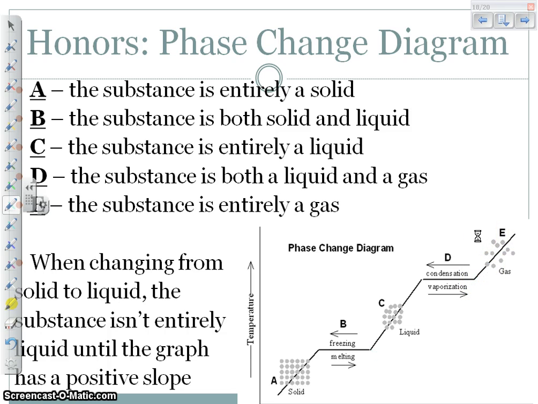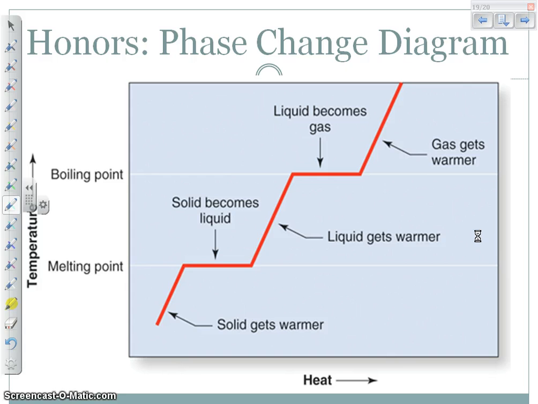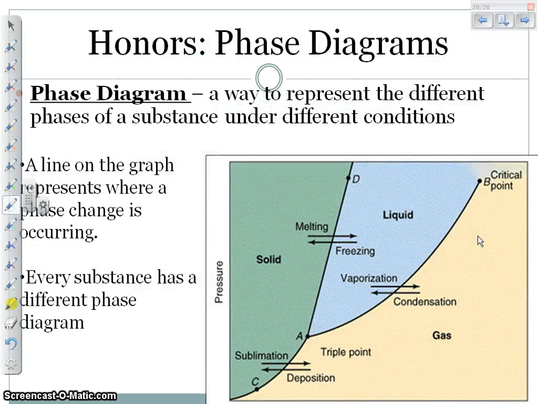Okay. A second thing that we can go through and see is that there will obviously be slight differences for every single substance. And just like the phase change diagrams, we can look at phase diagrams, which is basically a way to represent different phases under different conditions like pressure or temperature. And every substance has a different phase diagram, but basically what this is saying is if you happen to be at a very high temperature here, and a very low pressure, you're going to be in a gas.